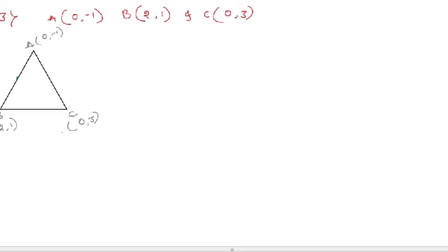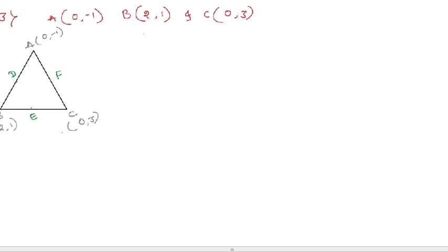Here, on AB, BC and AC, one more triangle D, E, F. These are midpoints.